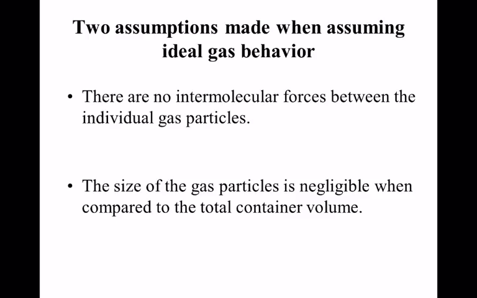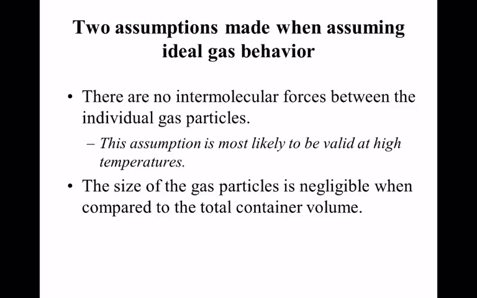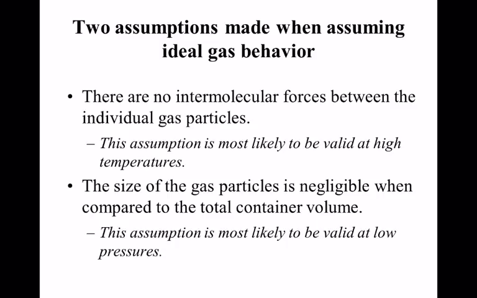If they're cold and at high pressure, then these assumptions we make about behaving ideally fall apart. So the first one is most valid when they're not interacting with each other at high temperatures, and the other one is most valid at low pressures. Makes sense?